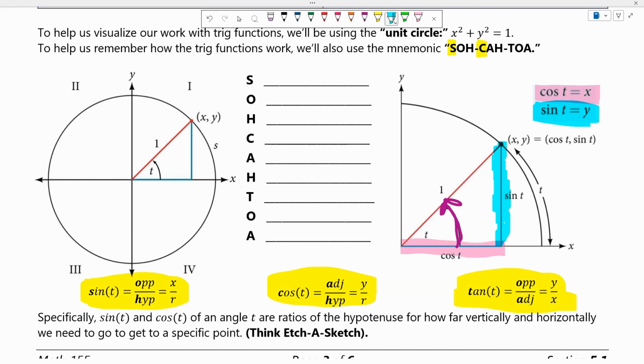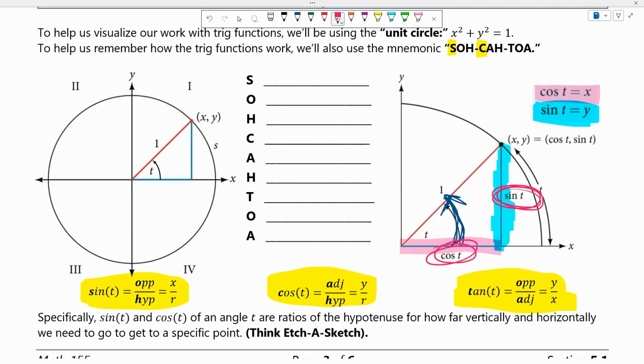So what we're saying is if I want to travel a certain amount of angle, that is insinuating that I am going to be going a specific amount in the horizontal direction and a specific amount in a vertical direction. That is the definition of sine and cosine.